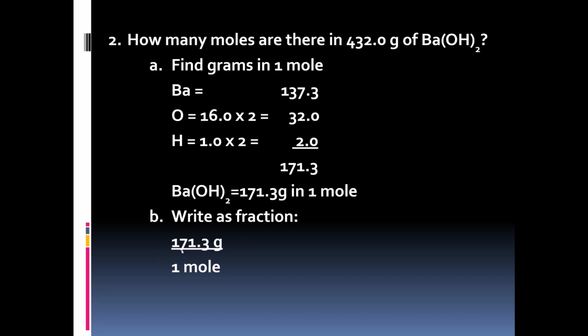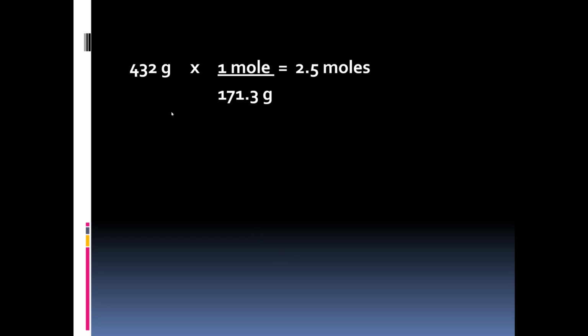So you write that as a fraction, and then you put this in front. Just like this, your grams will cancel out, leaving moles at the end. It's just 432 times 1, divided by 171.3, and that will get us 2.5 moles. Okay?